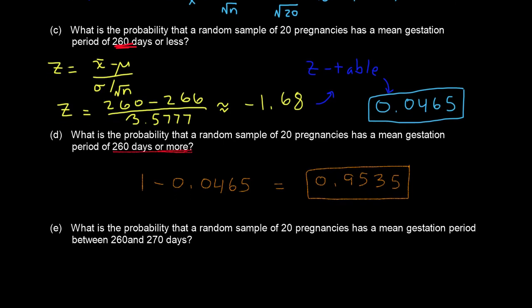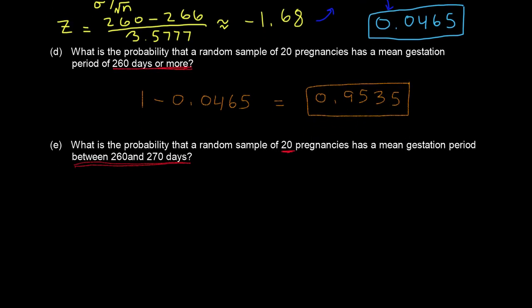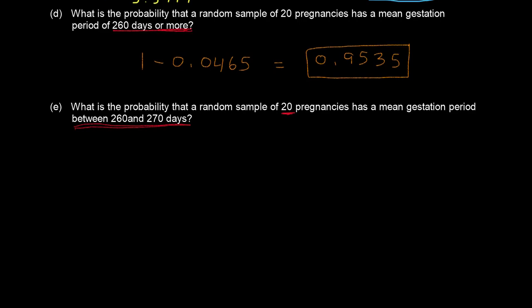Notice the question here, we still have a sample of 20 pregnancies. That is still our sample size. But notice that this question is asking us to find a probability in between two values. So I'm going to draw a quick picture here to illustrate this. It's going to look very similar to some of our previous images, but a nice clean canvas will be nice. So this is the sampling distribution of sample means.